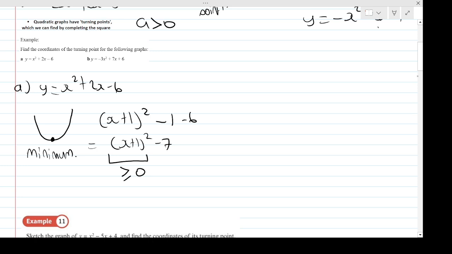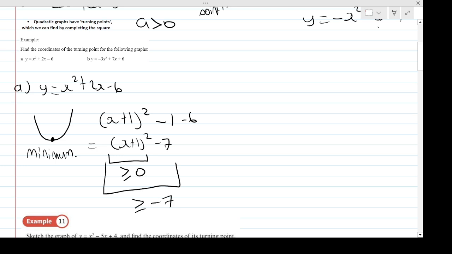This bracket of the square has to be at least 0. So that's telling you a lower bound. It's the smallest possible case, which is 0, and then it could be higher than that. Okay, so the whole bracket bit has to be at least 0. But then we have minus 7 at the end of it. So we just subtract 7 from this. So if the square number is at least 0, but no matter what we're taking away 7 afterwards, overall it's going to be at least minus 7, isn't it?